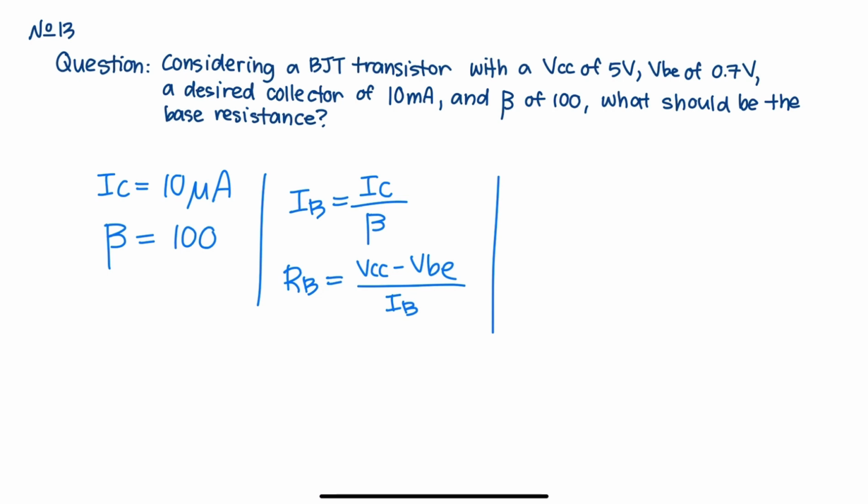If we're going to use both formulas, we're going to first find the base current. Let's do it. It's going to be 10 milliamperes over 100, which is going to be 0.1 milliamperes.